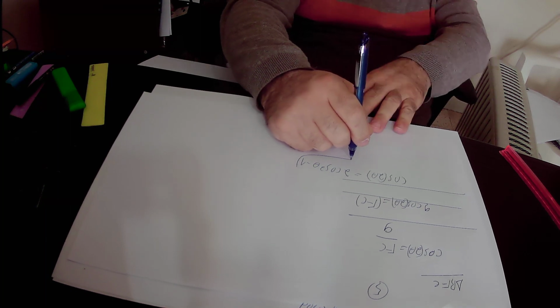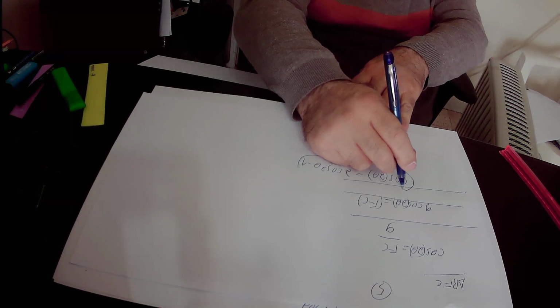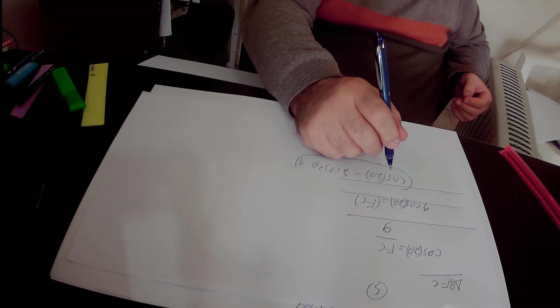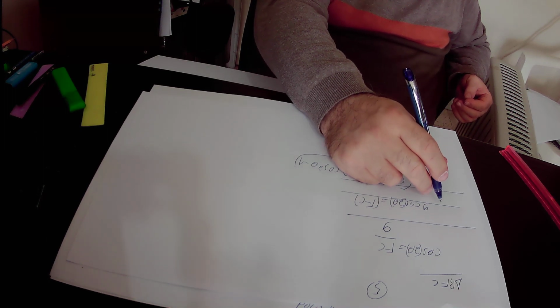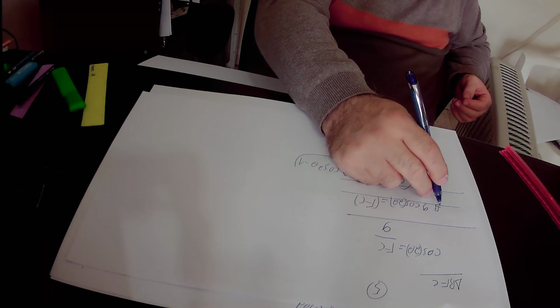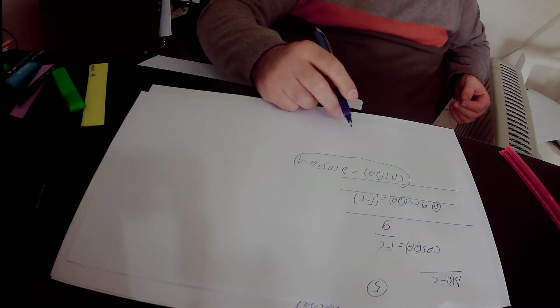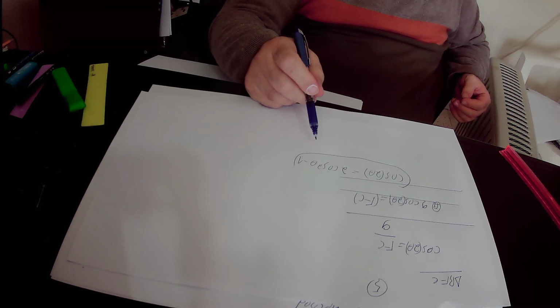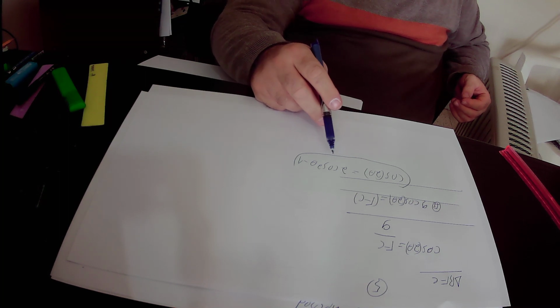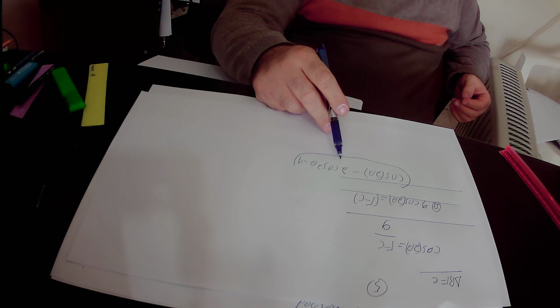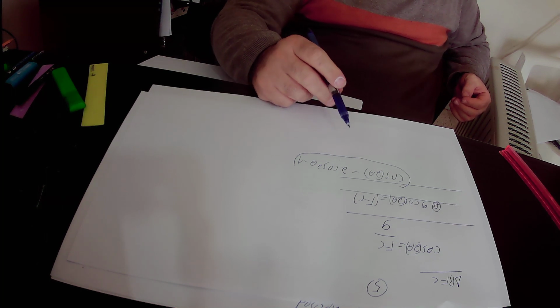So we can substitute cosine 2 theta in this equation number 2 by 2 times cosine square theta minus 1 from this trigonometric identity.